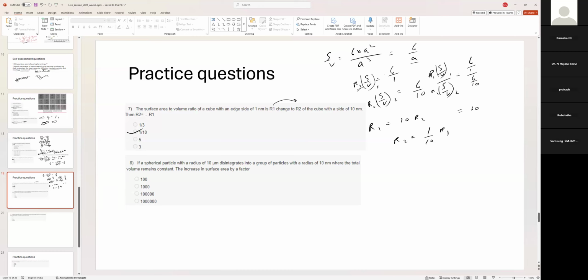Next, if a spherical particle of radius 10 micrometer disintegrates into a group of particles with radius 10 nanometer, where the total volume remains constant, the increase in the surface area is by what factor?